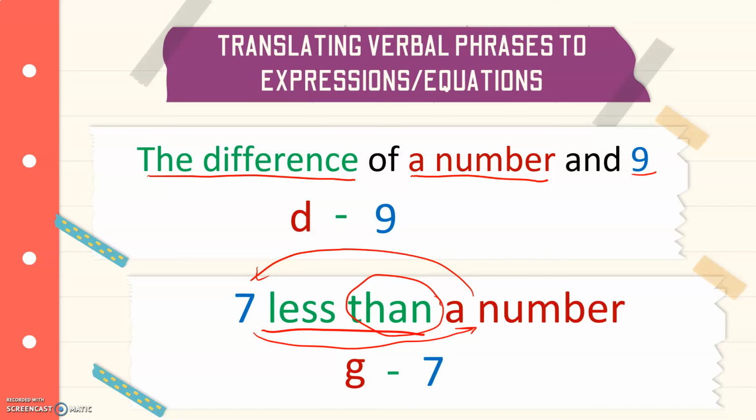Then we will subtract 7 from g. So we have g minus 7. g minus 7 is different from 7 minus g. We may have different answers for this one. One may be positive and the other may be negative. So it's very important that we make sure to interchange the numbers whenever we have the word than.